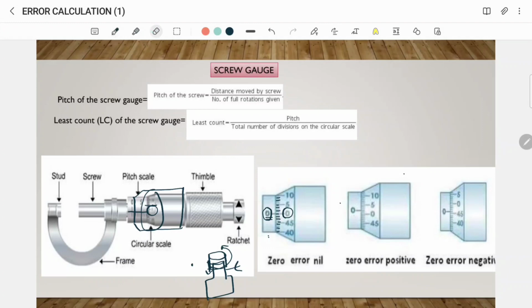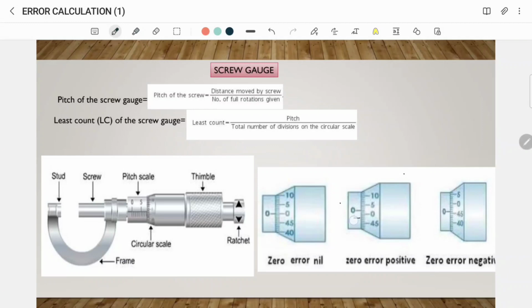But just like in a vernier scale, a screw gauge can also have a 0 offset error, which is also a systematic error, and if we are able to estimate the amount of error, we can always remove the error from our measurement either by subtracting it from our measured value or by adding it to our measured value.